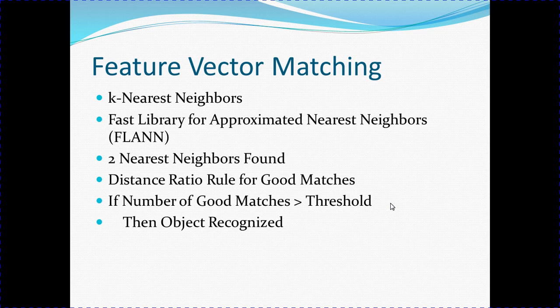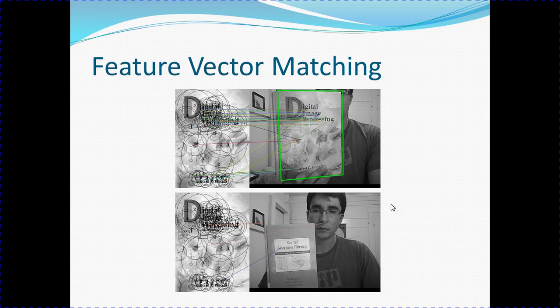Also a simple threshold rule was established where we simply had to have more than m number of matches to declare that we had a suitable number of matches to declare the object was found. For this, we chose 8 good matches to be sufficient.